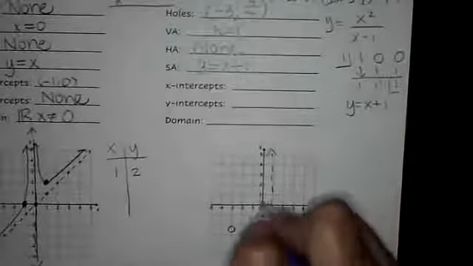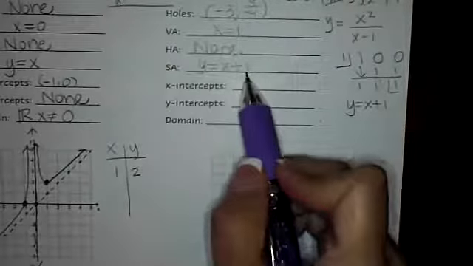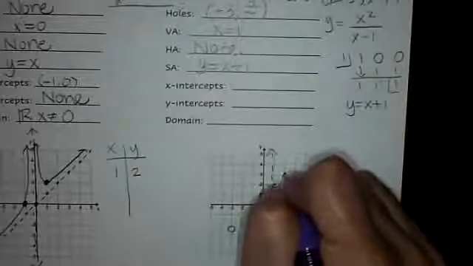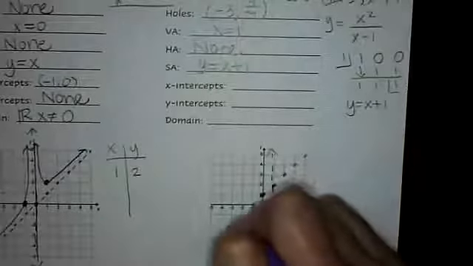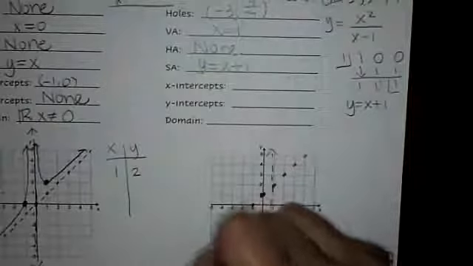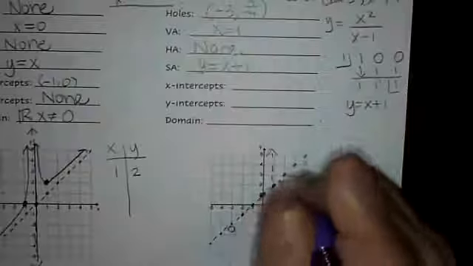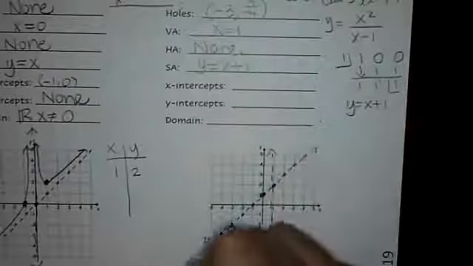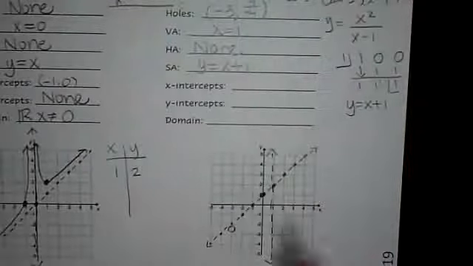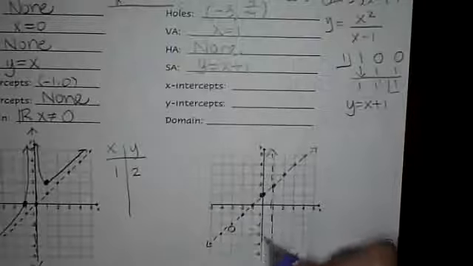All right, to graph that y equals x plus 1, my y-intercept is 1, because this is the y-intercept. The slope is 1, so I'm going to go up 1 to the right 1, up 1 to the right 1. I can already see that this is the part that's going to be right here.